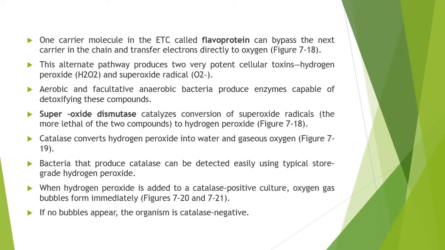This alternate pathway produces two very potent cellular toxins, hydrogen peroxide and superoxide radicals. Here you can see the hydrogen peroxide and superoxide radical. Aerobic and facultative anaerobic bacteria produce enzymes capable of detoxifying these compounds. The first enzyme is superoxide dismutase and the other is catalase.